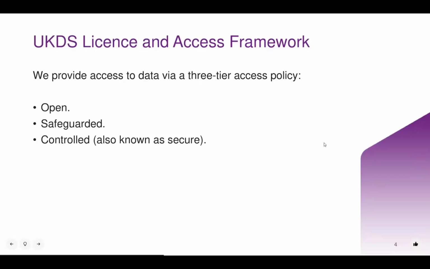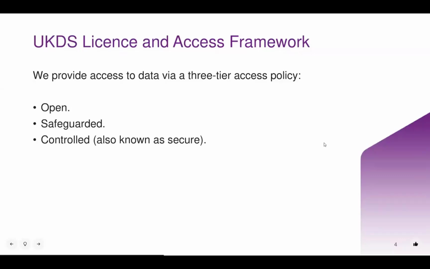The data are deposited by a data owner, and during the deposit process with our collections team, there is a decision on what will be the license, what will be the access level that this dataset will be deposited under. This decision is, of course, made in respect to the confidentiality and the sensitivity of the data.